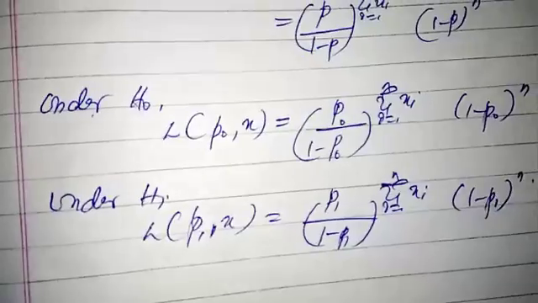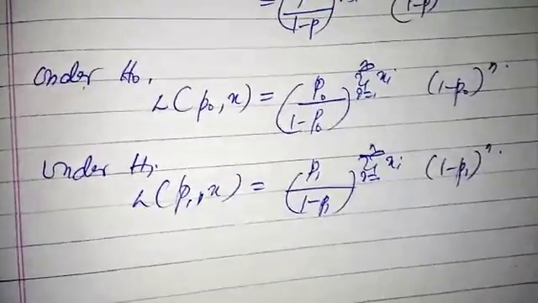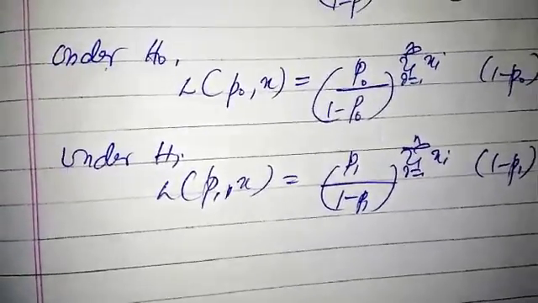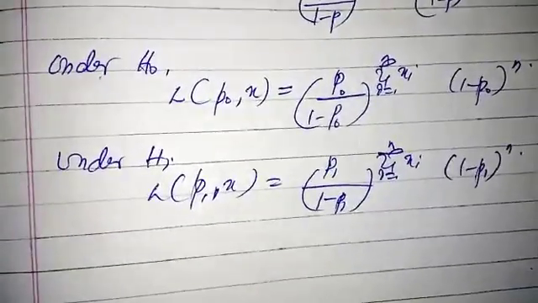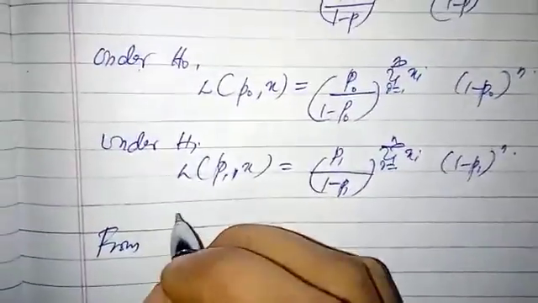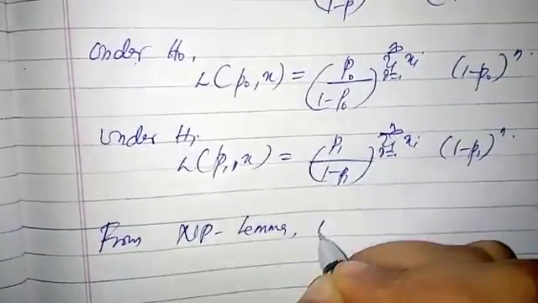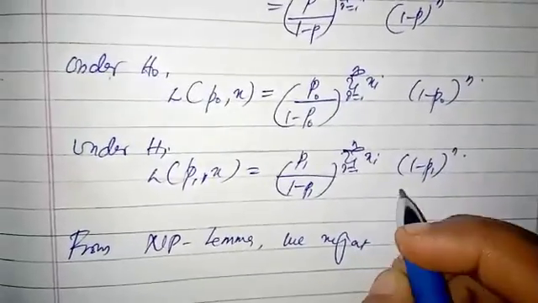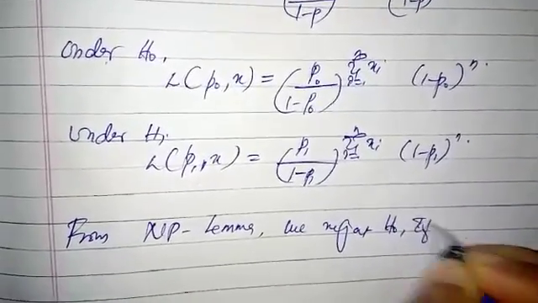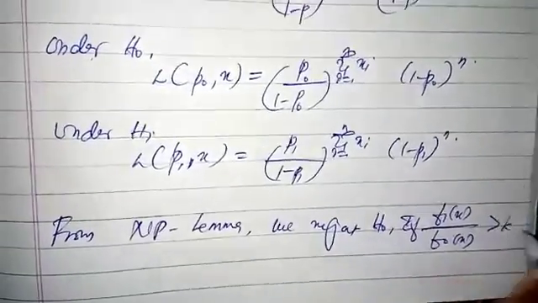In this problem we want to construct the most powerful test for testing H0 versus H1. From the Neyman-Pearson lemma, we know that we reject H0 for a large ratio: we reject H0 if f1 of x divided by f0 of x is greater than k.